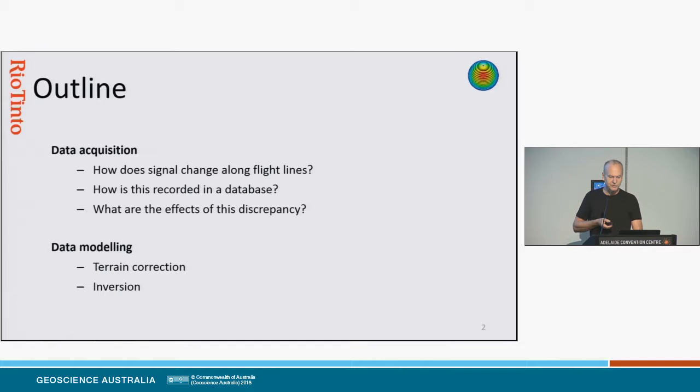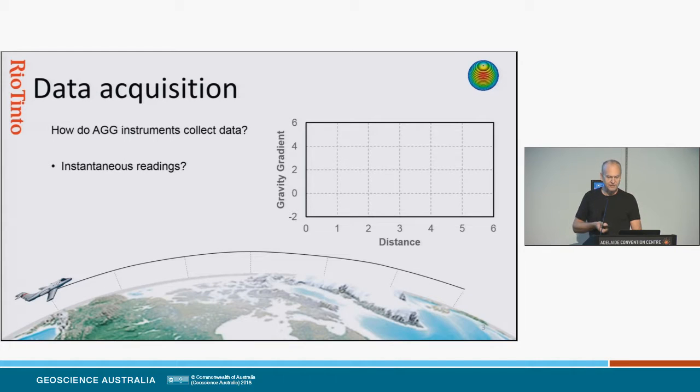How does the signal change along the flight lines? How's it recorded into the final database that's delivered? And what's the effect of the discrepancy between the data that's actually recorded and the data that's delivered? And in terms of the data modelling side of it, what impact does that have on the terrain correction? Because the terrain is obviously the largest influence on gravity and gravity gradient data, and then how that affects inversion.